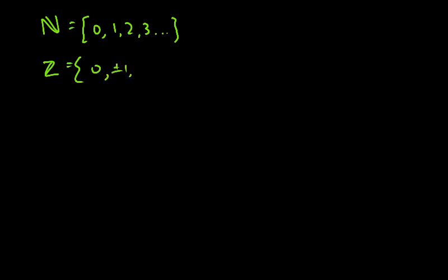It includes positive and negative 1, positive negative 2, positive negative 3, and so on. Again, this is an infinite set. So we have infinite, and we also have finite sets. Again, infinite continues on forever, and a finite has a definite stopping point.